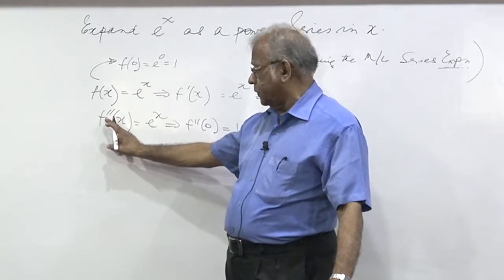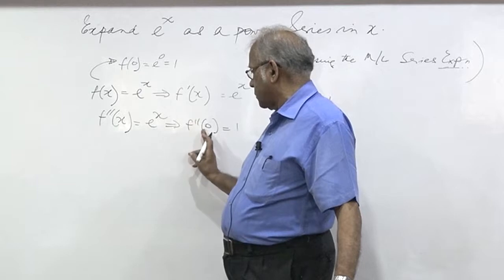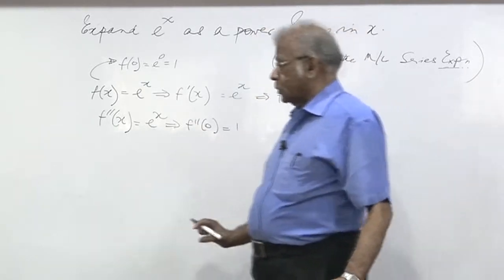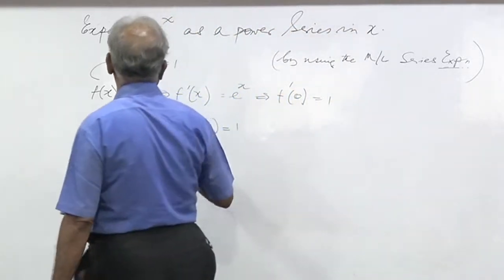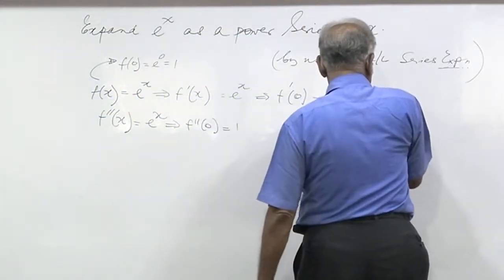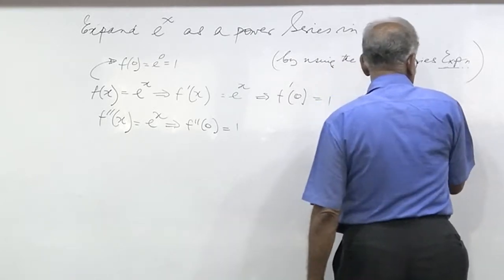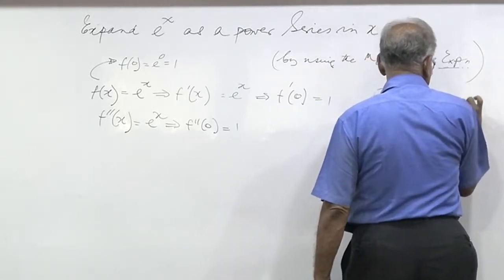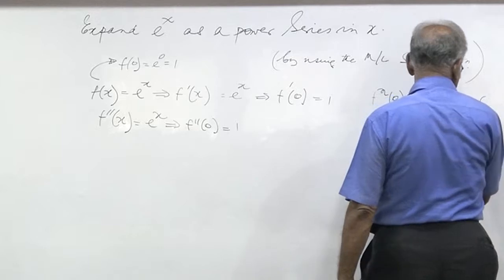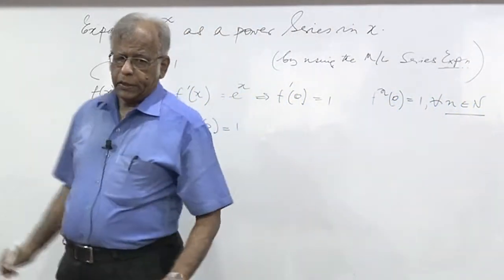The nth derivative at 0, f^n(0), is also equal to 1. So, all the derivatives have value 1, f^n(0) is equal to 1 for all values of n. This is the compact way of writing it.